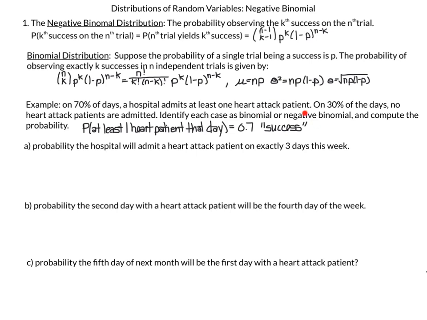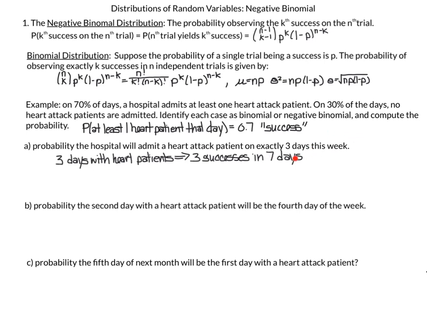And I hate saying that's a successful day, but that's just how it's defined. We want to know the probability there are 3 days with a heart patient. So it looks to me like we're counting successes, 3 successes in 7 days, and 7 days because we're talking about a week. So it looks like we have a fixed number of trials.